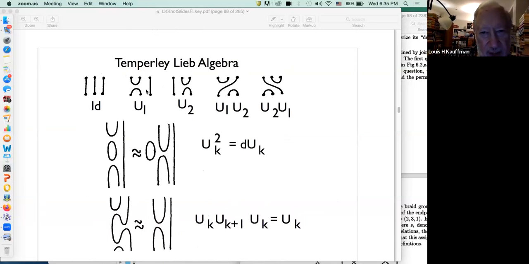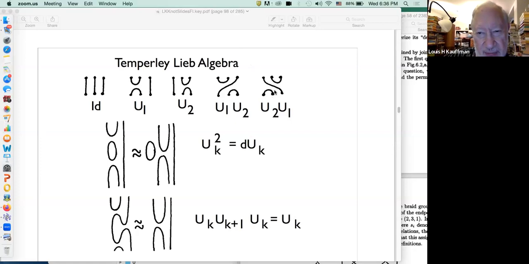So D squared. What about this one? You close this, and this is connected to that, and this is connected to that. You get only one loop. So the trace of this one is D, and the trace of this one is D. We have a trace function on the Temperley-Lieb algebra.